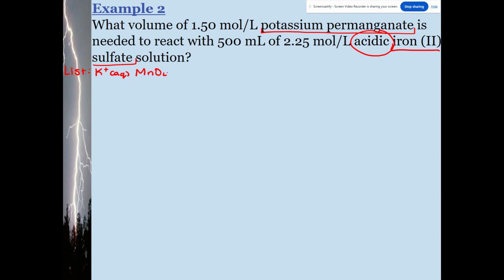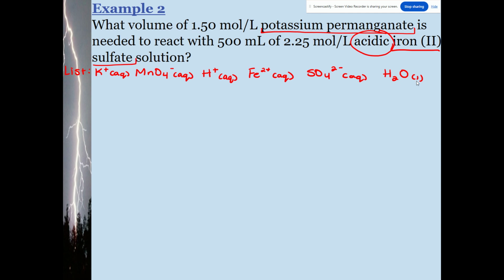You always have ions when you have an ionic compound that is dissolved in water. Acidic environment for the other compound, the other solution, means we have hydrogen ions present. And the other solution, again being ionic, means I have a source of iron dissolved ions and sulfate dissolved ions. And I have water. So there's my listing everything.